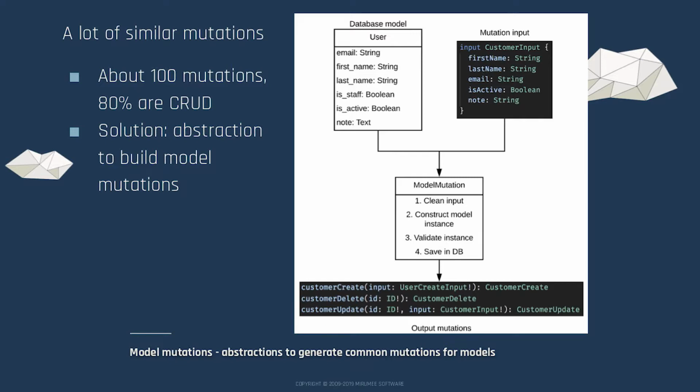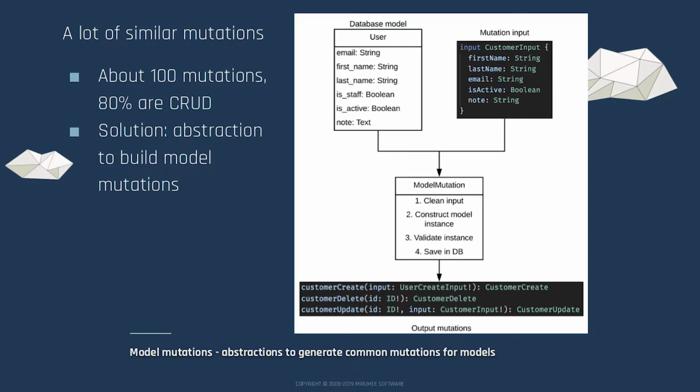For all those mutations, the steps are the same. First you have to clean the input. This is the initial processing of that data. For example, if this input contains some ID, like a GraphQL ID, this base64 encoded ID, in this first step we could decode that ID and fetch our object from the database. In the second step, we are able to construct the model instance. In this mutation, I know what model I need to construct.